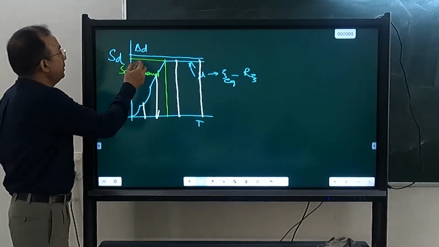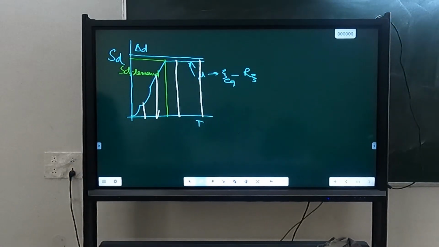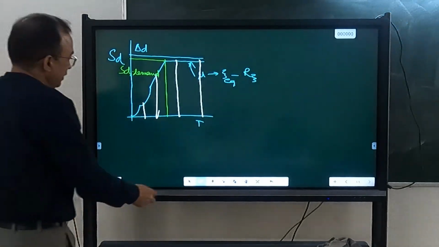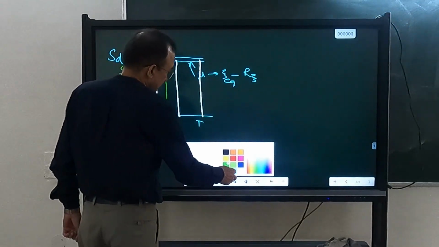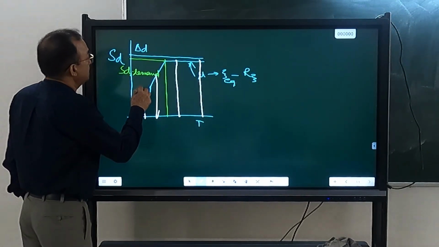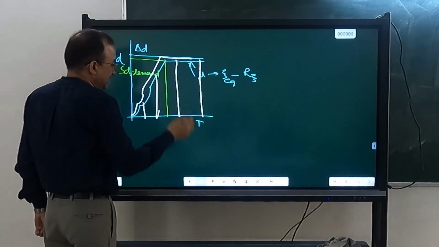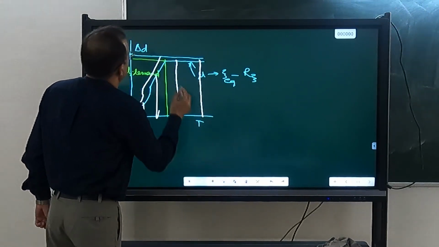But you have to keep in mind, if you are doing this, the mu will change. It will not be the old mu. The mu is going to change. And when mu is going to change, this curve will also change. It may match with the original one, it may not match with the original.